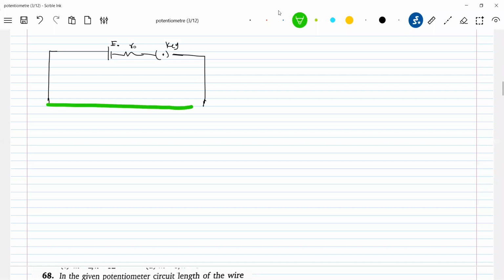This is a potentiometer wire. So some cell, let's not bother, and E. There's a galvanometer, and there's a potentiometer wire AB.